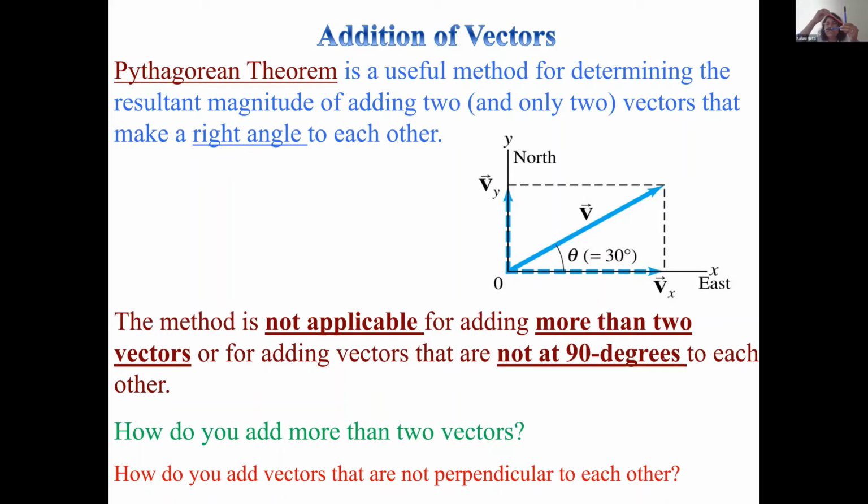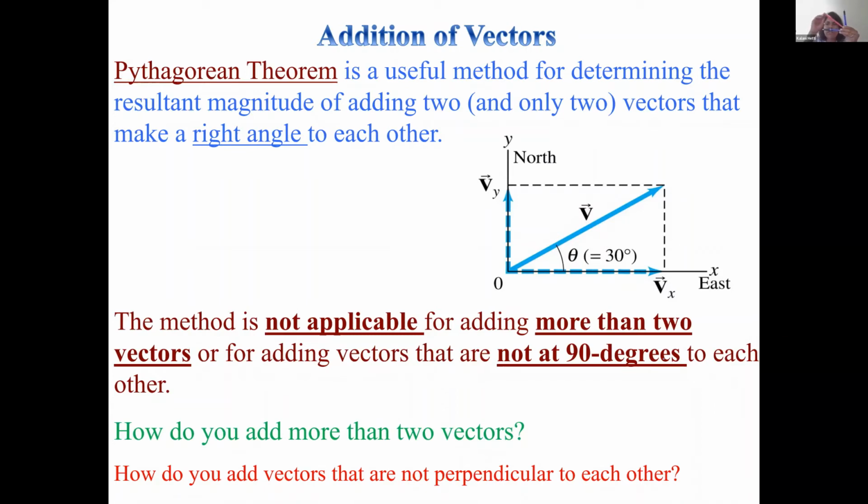But we need this information sometimes, because when I have two vectors, I need to get my resultant vector. To do that, you complete the parallelogram, and this diagonal will be your resultant vector.